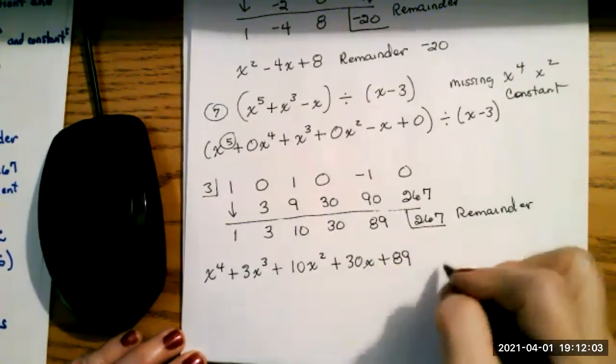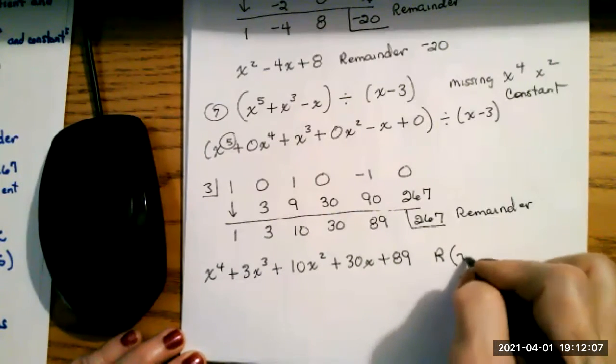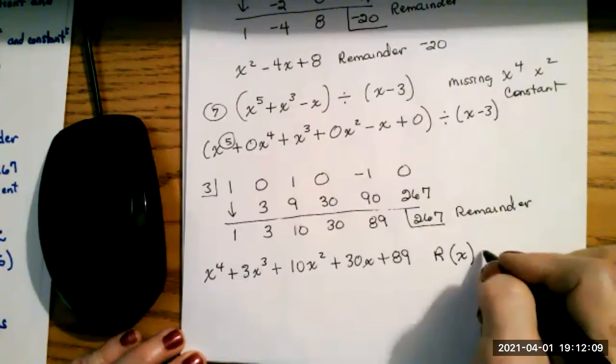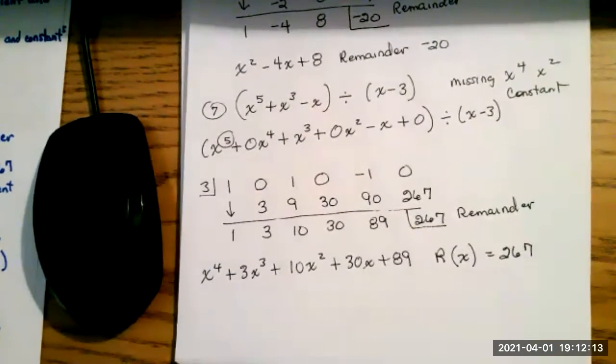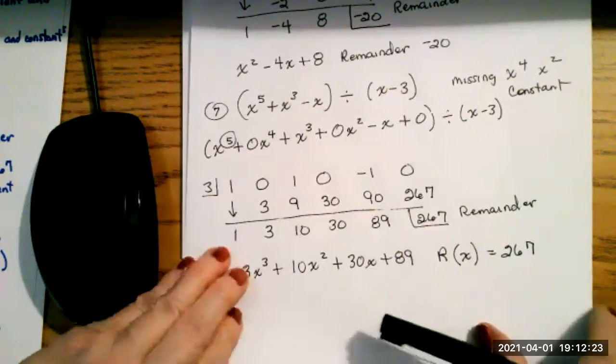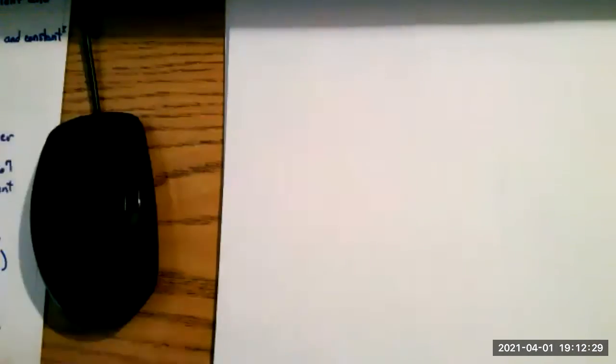And this time they do r of x, remainder of x is 267. And the point 3, 267 is on the graph. Okay, let's do one more, so make sure you can do all of them for your homework and won't have any problems with them.